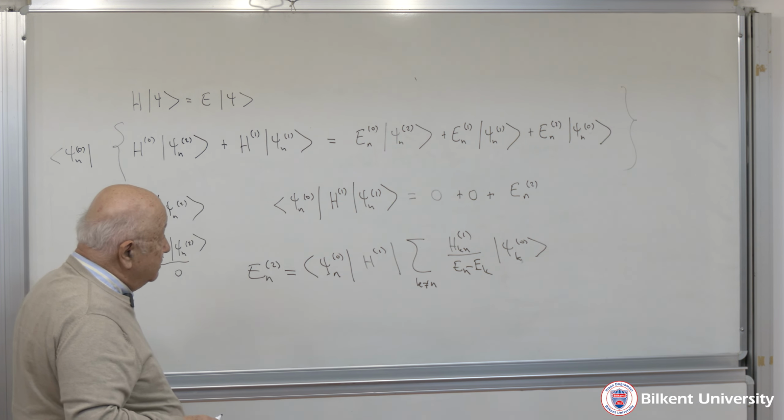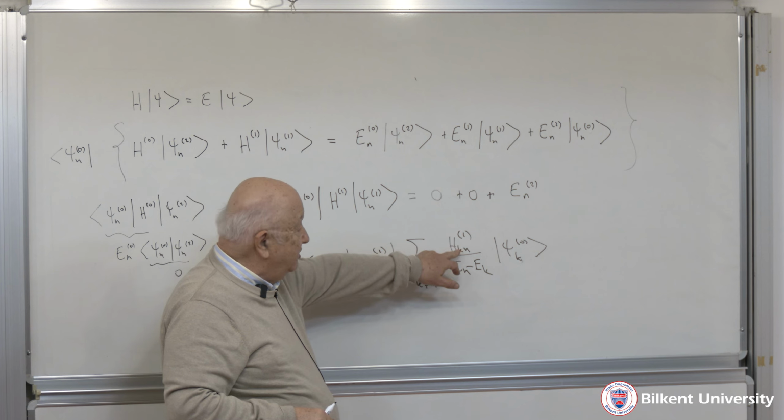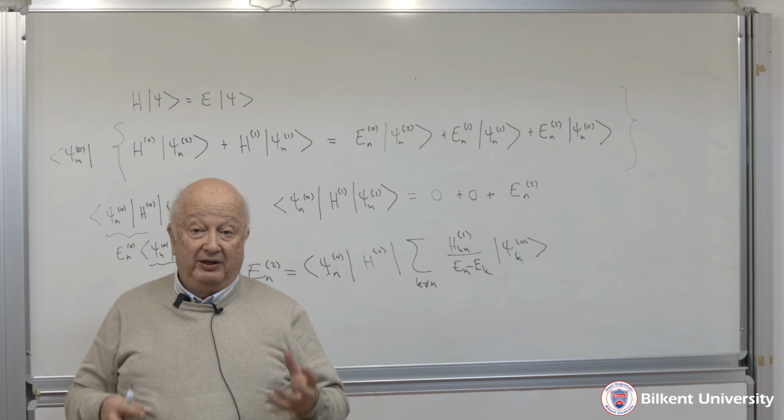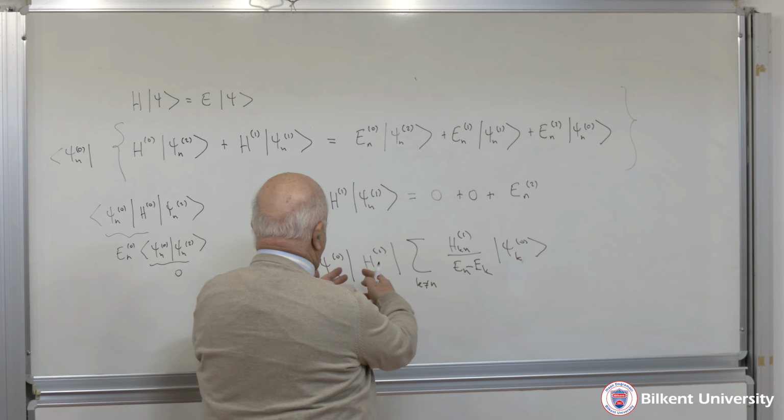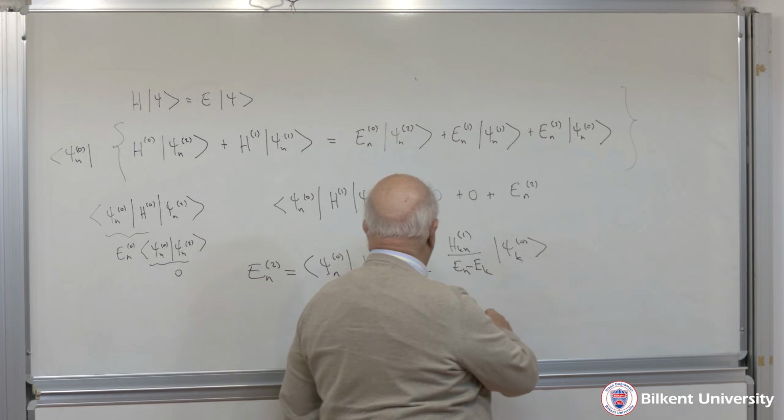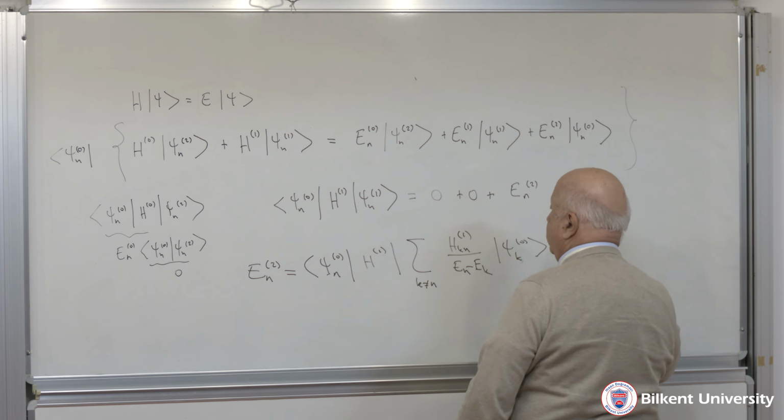All right, so you see psi, this HKN is just a number. It's the matrix element now. So I can just rewrite this as, let me just do it slowly.